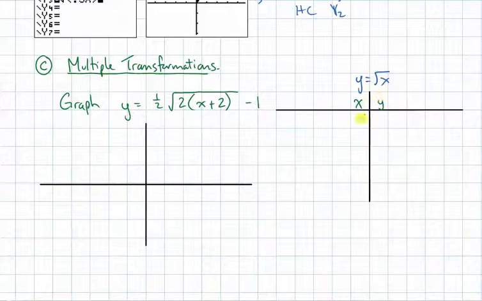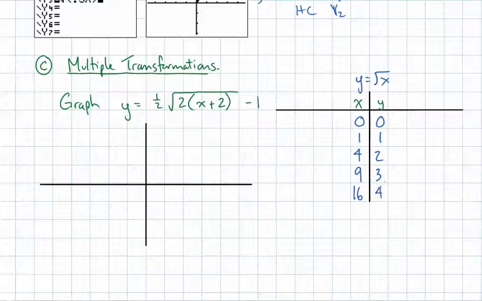Good values to put in for x would be 0, 1, 4, 9, 16, perfect squares. Y would be the square root, or the principal root, of these, which would be 0, 1, 2, 3, and 4. Now, this effect right here, number 1, is a vertical compression.